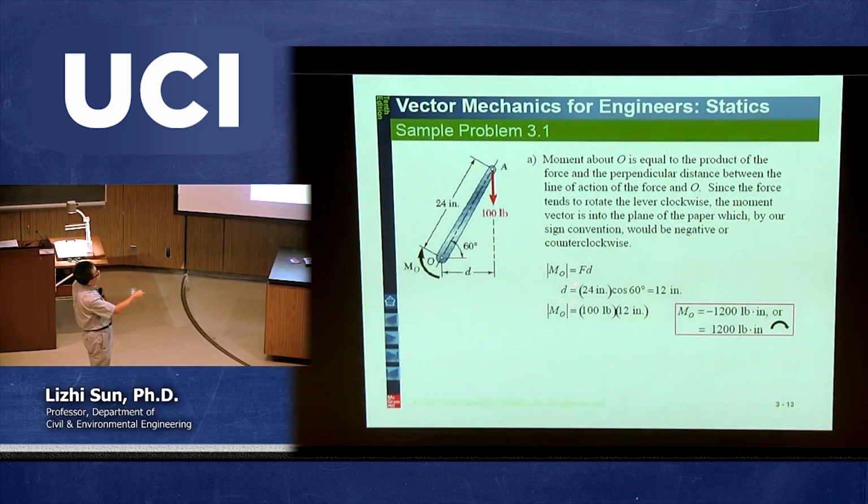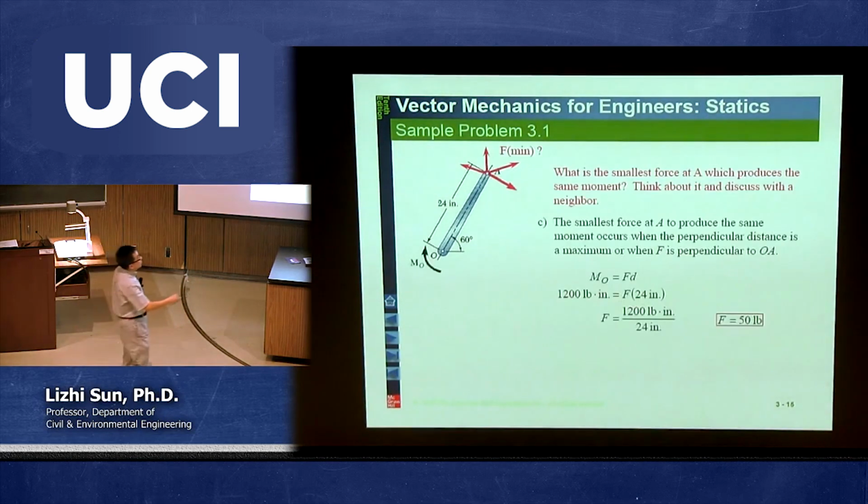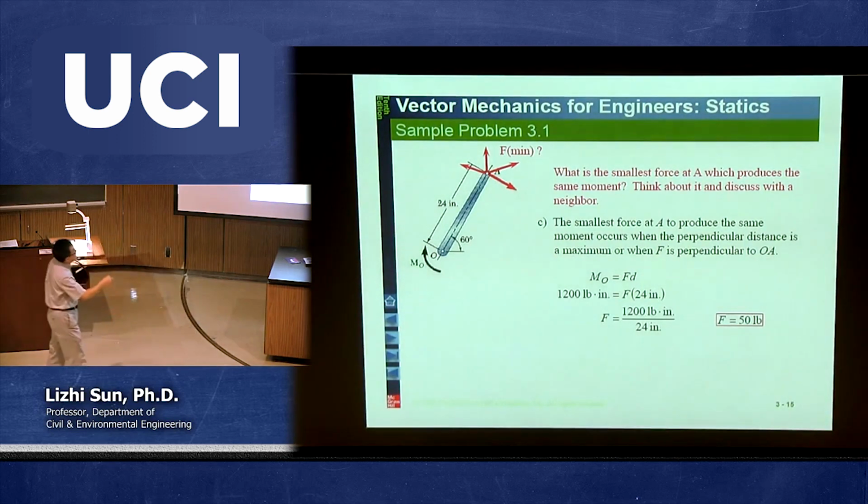You can calculate, which is this one, 24 times a certain angle, and the other one is also 24 times a certain angle. You can change this angle because that changes the direction of the force. So in order for it to reach the largest D, that angle should be 0.